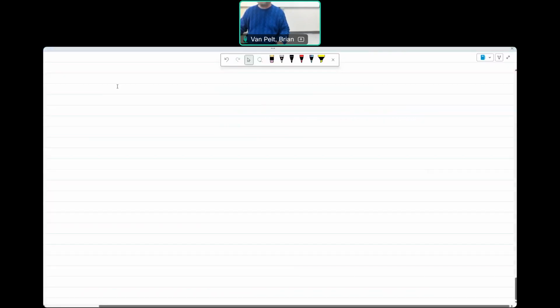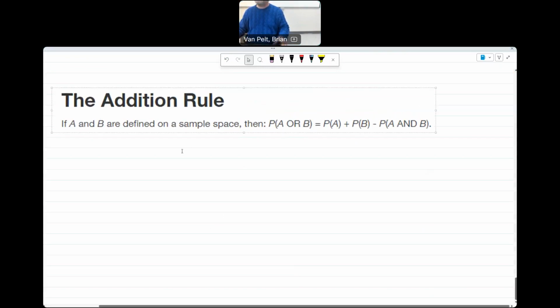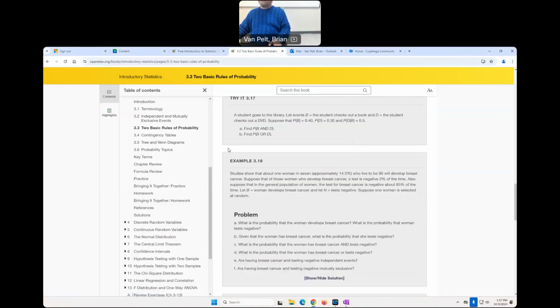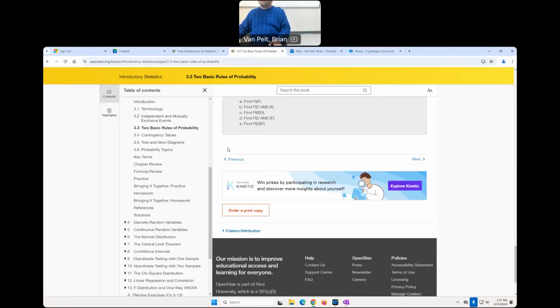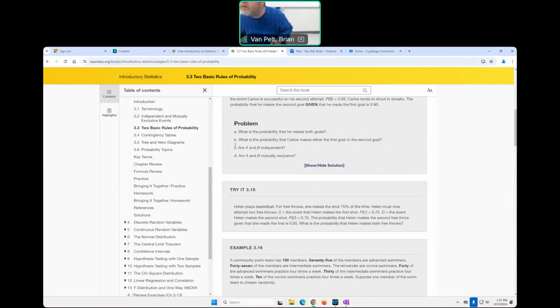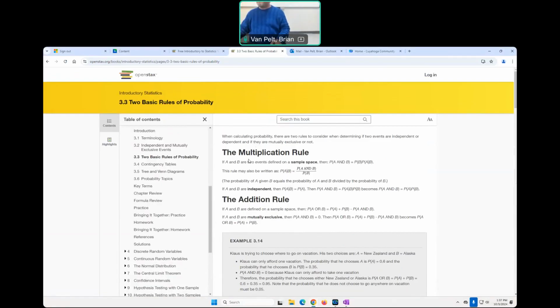This will work no matter what. So we've got one rule for addition. Was the multiplication rule in there? Oh, there it is.